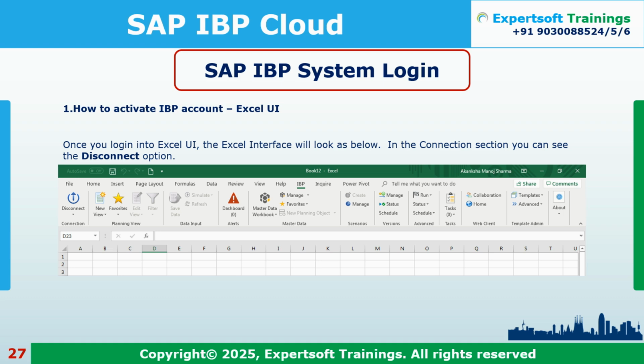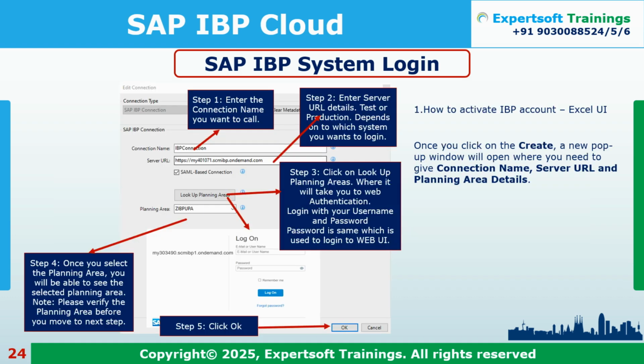Here it is asking for the planning area, right? That planning model only you need to choose. Whatever name you have given for that model, that model only you need to give here. Okay, okay.